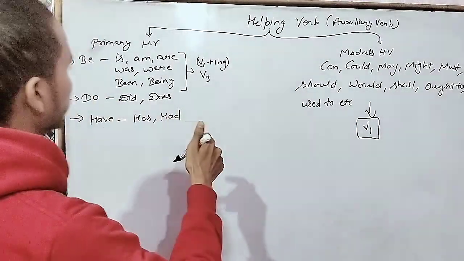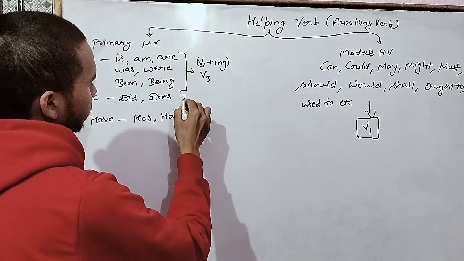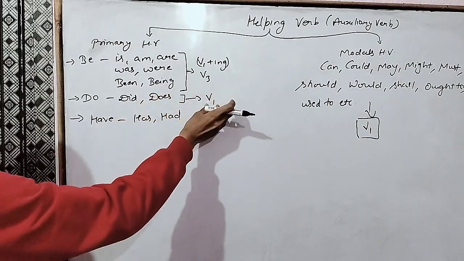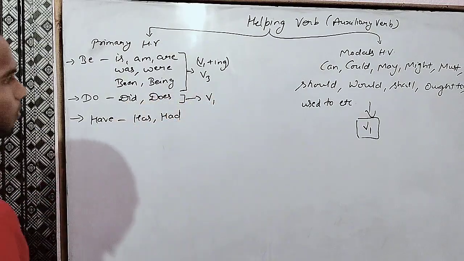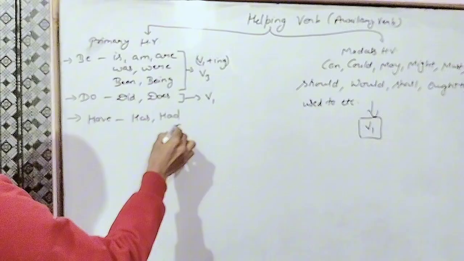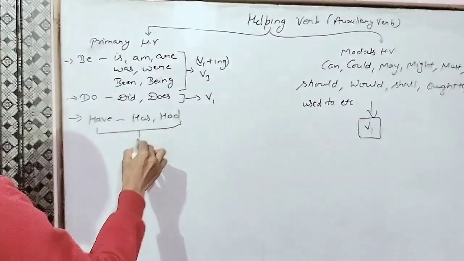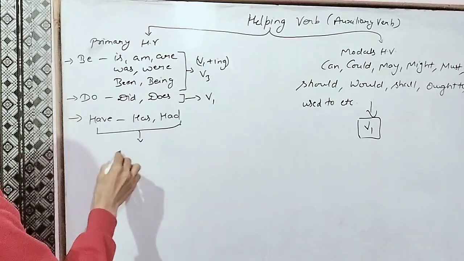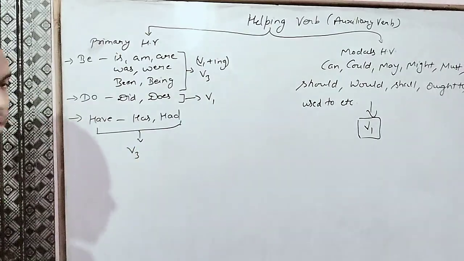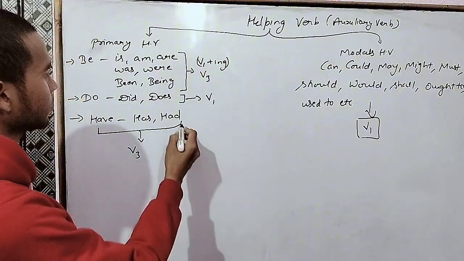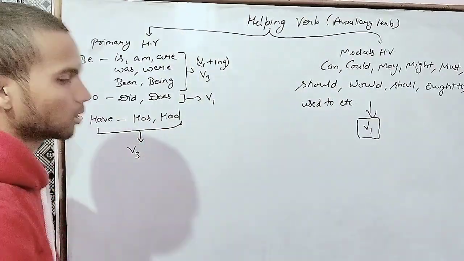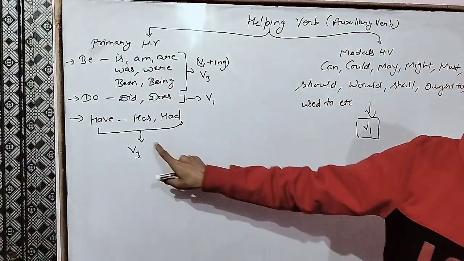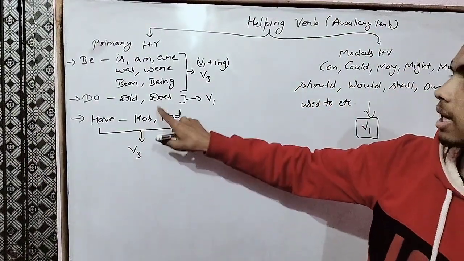And with this, we will always apply V1, the first form. After primary helping verb comes the main verb, then V3 after this, V1 after this.